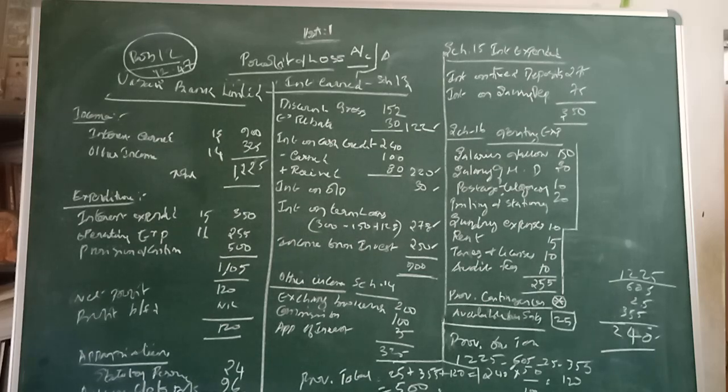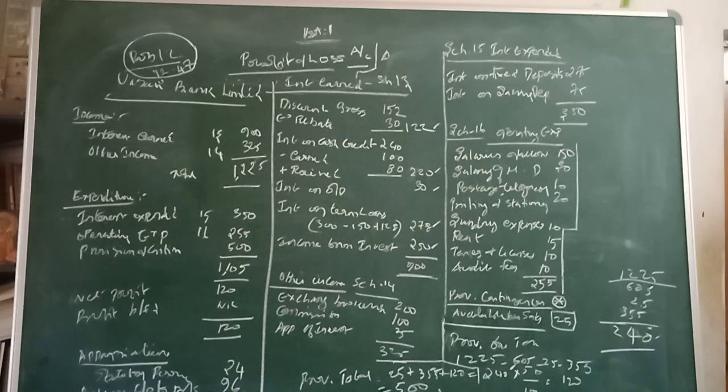The only point is, please have a look at that. Interest on credit earned is one amount, received is another amount. Received in the sense of interest received on cash credit. Basically, you know what cash credit is. Interest on cash credit, what amount they have earned, that 100 should be deducted from the item of 240 rupees.